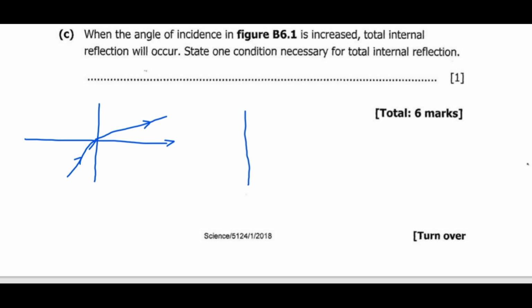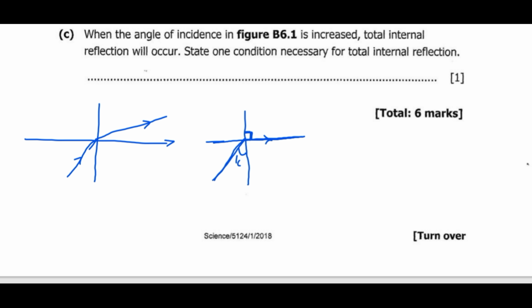If we move the incident ray to the left, we'll reach a point where the angle of refraction is equal to 90. We call this one the critical angle. So critical angle is an angle when the angle of refraction is equal to 90. So this is our 90 here.